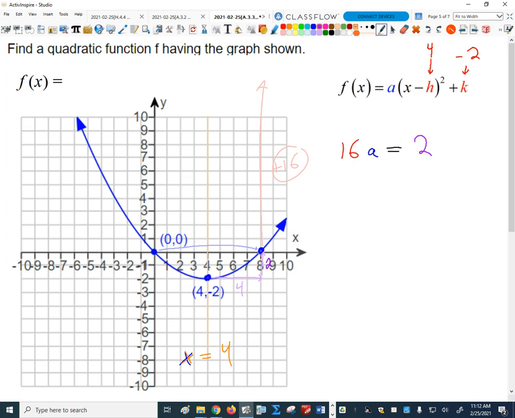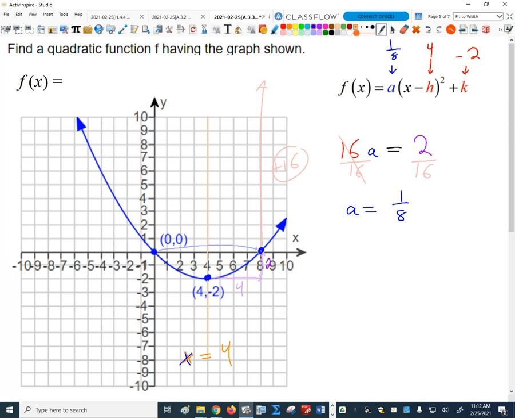Everybody agree? We're going to divide both sides by 16 to solve for A, to get that A by itself so we can figure out what its value is. So we end up with A equals 2 over 16, which I could reduce that fraction to 1/8. And so now all I've got to do is plug those numbers in and I'm done.